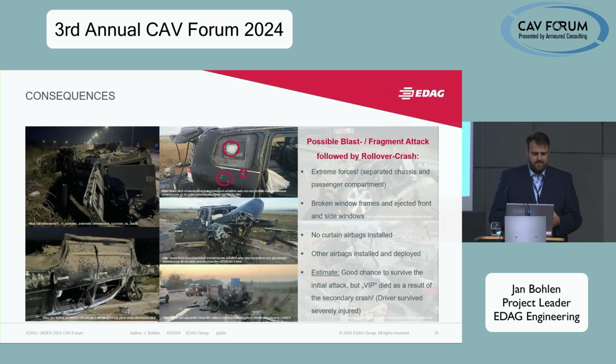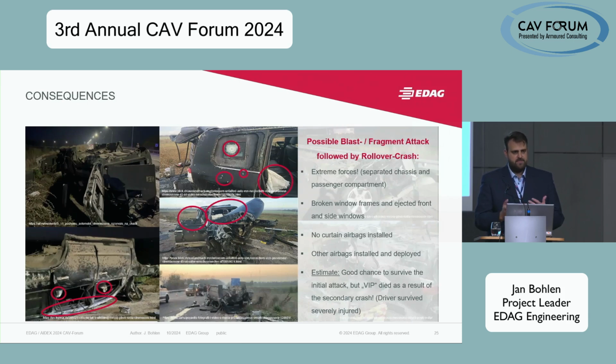And we see the same damage modes or failure modes like I described earlier. So we have broken window frames, ejected front and side windows, and in the end that no curtain airbag was installed. But all other airbags that were installed were deployed. So my estimate on this is that the VIP or the executive in this crash had a very good chance to survive the initial attack.